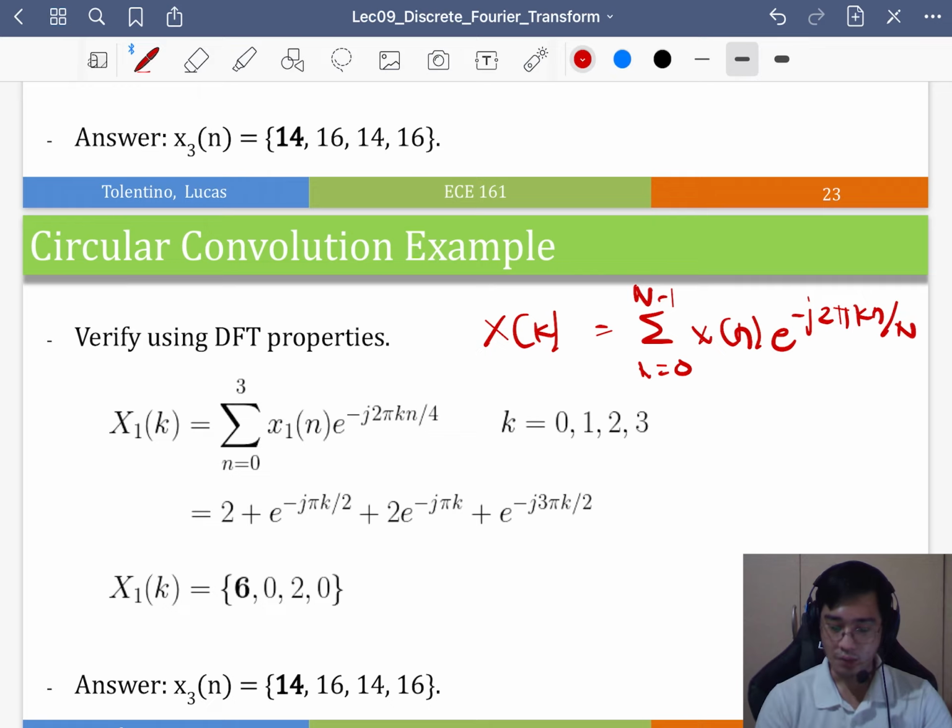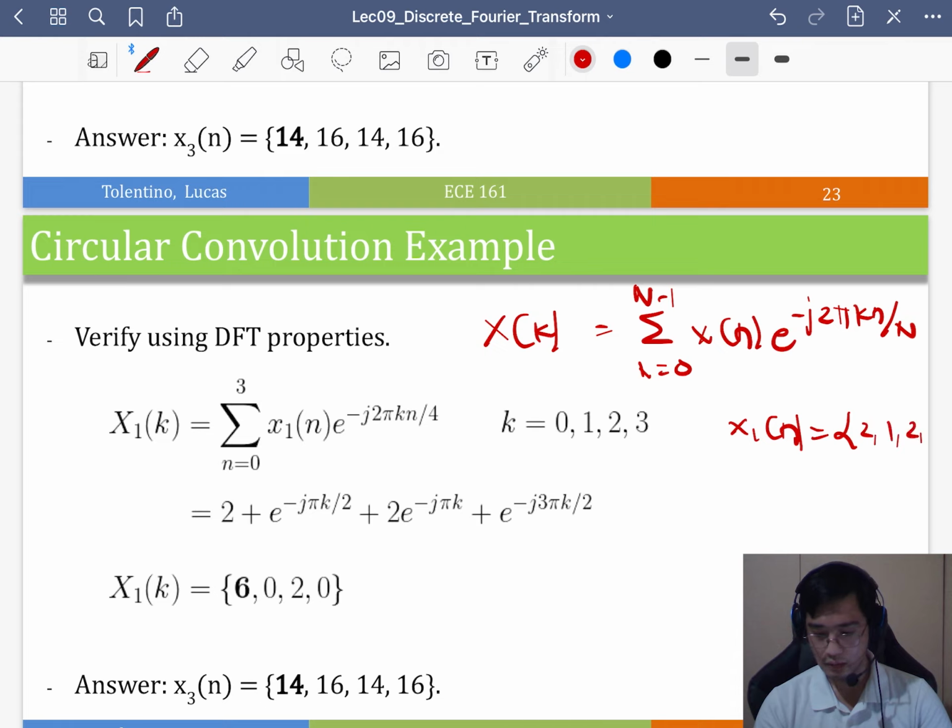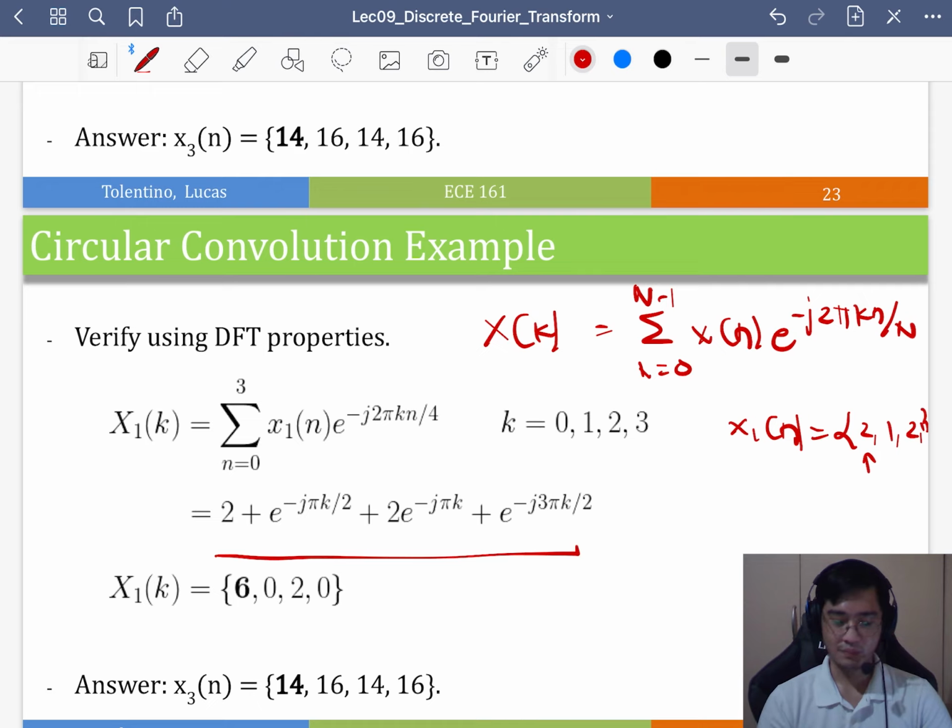So n is 4, k is from 0 to n minus 1. If we have x1 of n is 2, 1, 2, 1, then we are getting this function.